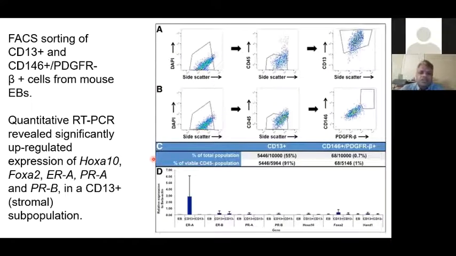What we later thought was that we would sort these gland and stromal cells, so CD13 positive cells, and also the cells which co-express CD146 and PDGFR beta.